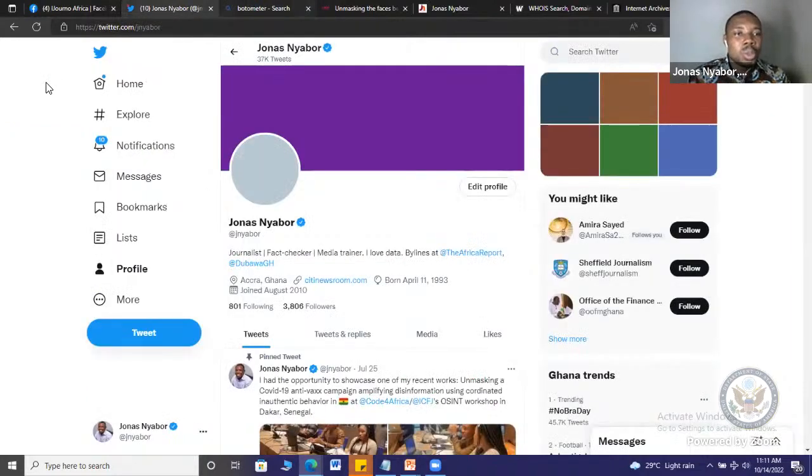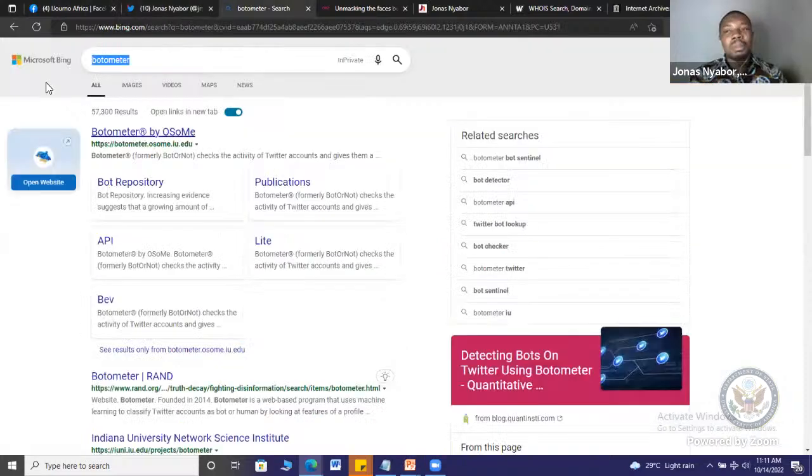So you can type Botometer in Google or any of the search engines you are using. I'm sure it will typically be the first result that comes in, but the URL is botometer.osome.iu.edu. So this is actually built, I think, by researchers at Indiana State in the US. They built this particular tool.